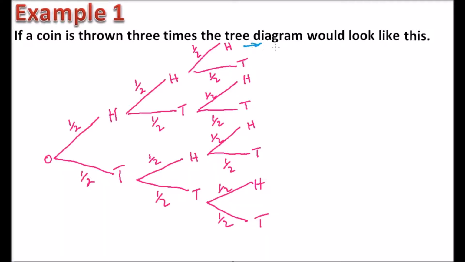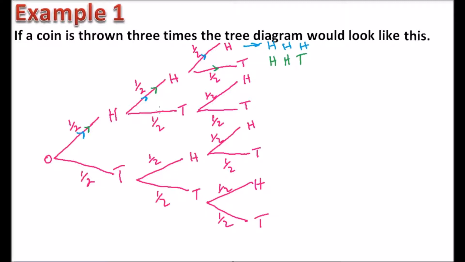We can analyze our probabilities here. If we follow this branch, we get a head and a head. Then if you follow this branch here, you get a head and a tail.